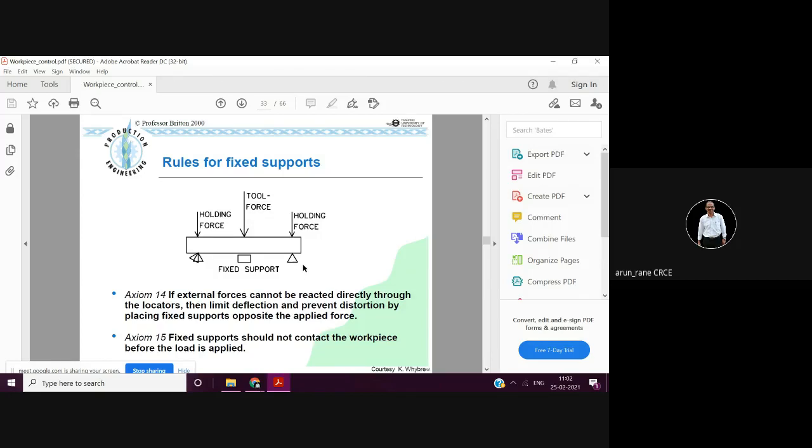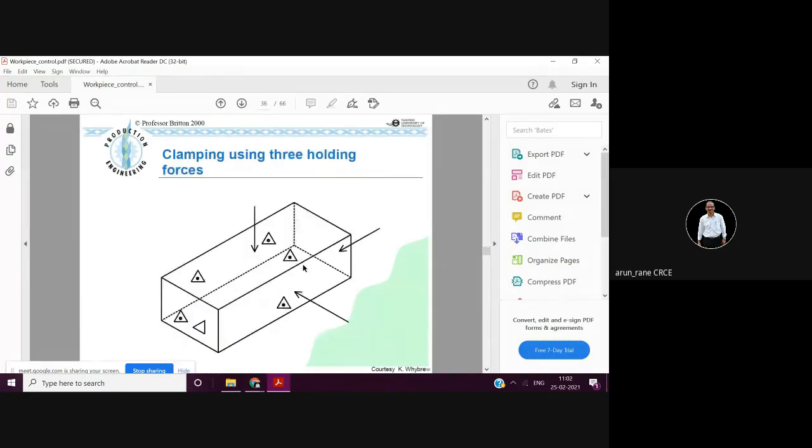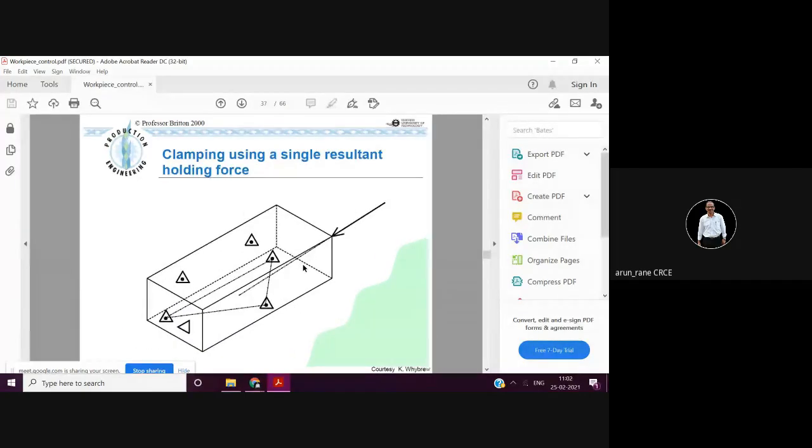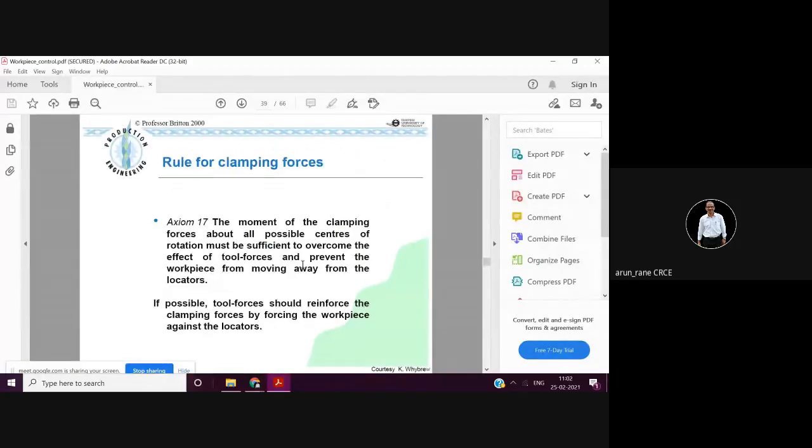That's all, nothing else. That is quite logical also. Not to worry much. You can study this on your own because this is important more from the jigs and fixture point of view.